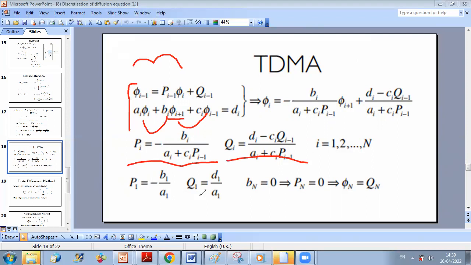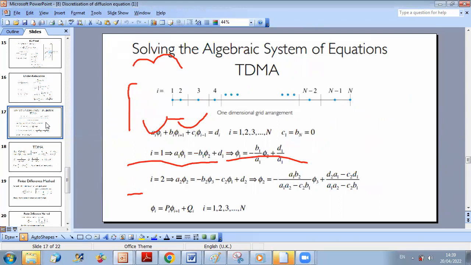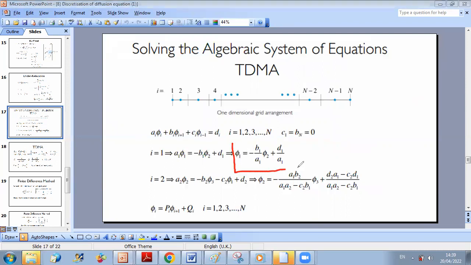Okay, so as you can see, we started by cell 1. For cell 1, we demonstrated together that P1 is minus B1 over A1 and Q1 is D1 over A1. How? Go back to your first expression here. We said that by derivation, we found this equation. In this equation, this represents coefficient P1, and this represents coefficient Q1.